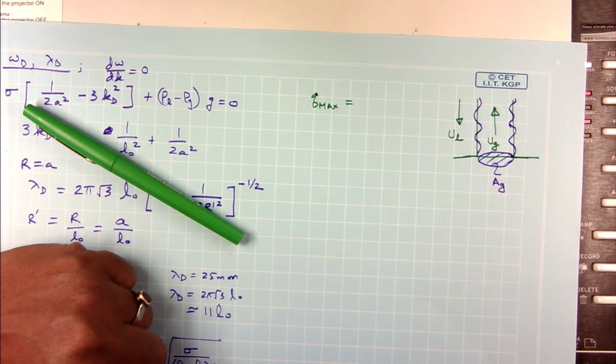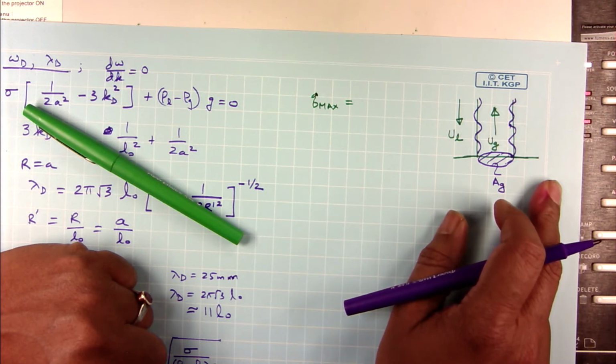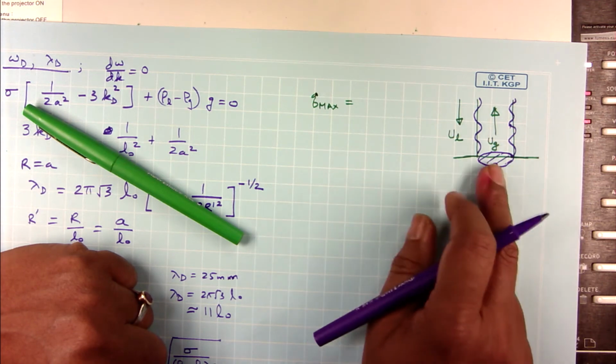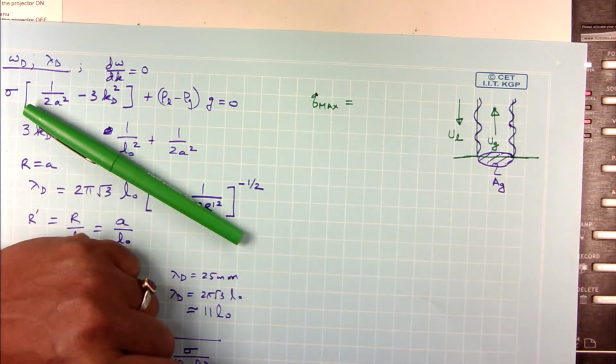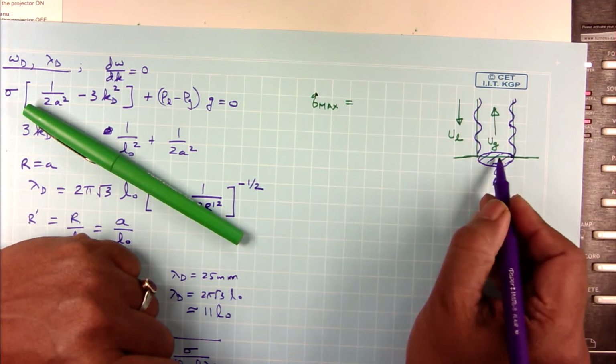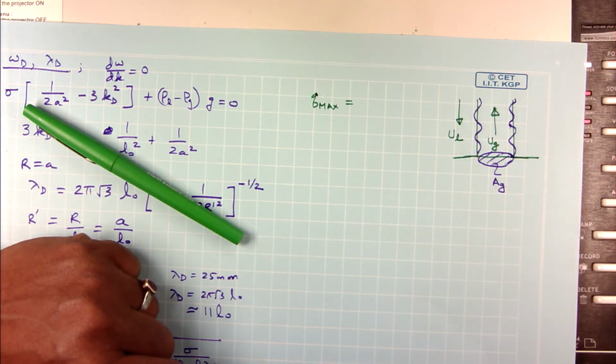And if I know the number of jets per unit area, then I know the number of jets in a square unit. Or I can divide the total area of the jet by the total area of the heater, and I can get a ratio.